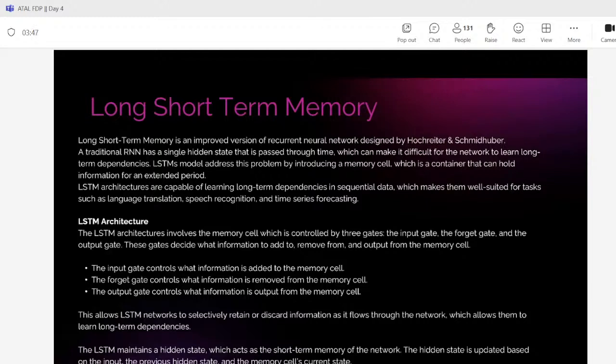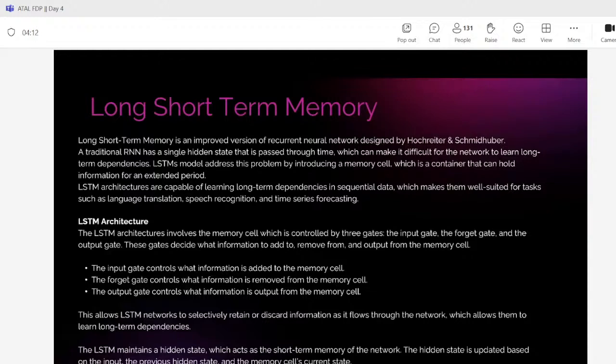The input gate controls what information is added to the memory cell, the forget gate controls what information is removed from the memory cell, and the output gate controls what information is output from the memory cell. So these three gates are handling the memory cell.